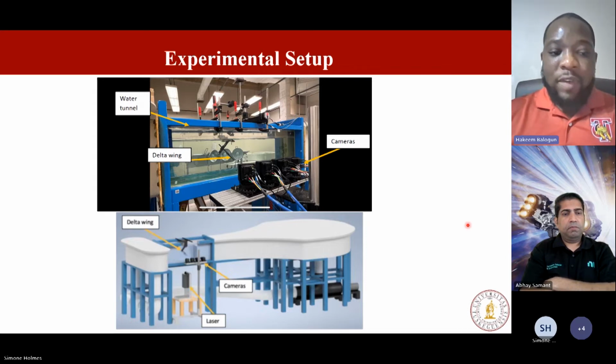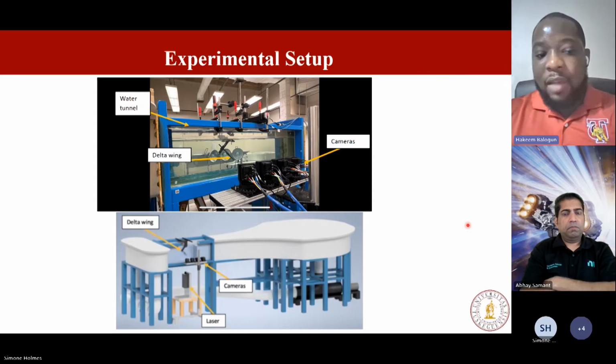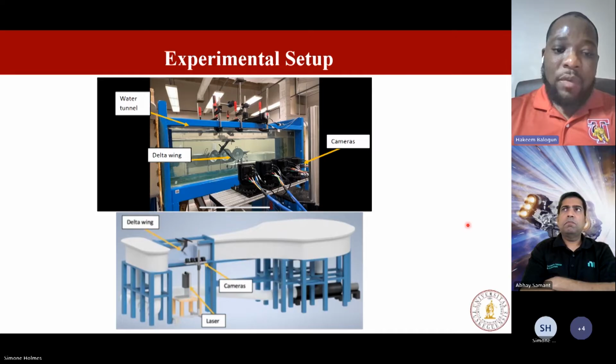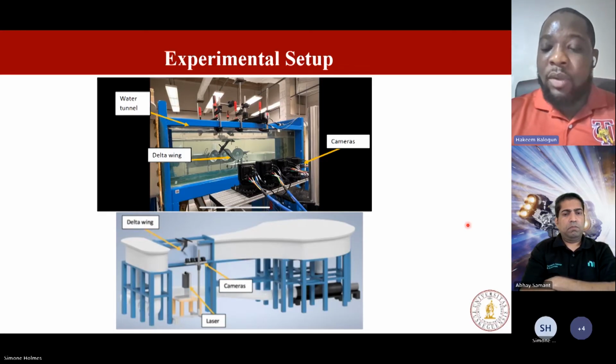Each camera offers a 5120 by 5120 pixel resolution with a 4.5 micrometer pixel size. A Quantel Evergreen dual pulse 200 millijoule laser is utilized for flow illumination, and the optimized measurement volume is 200 by 200 by 100 millimeters cubed, with 100 millimeters being the depth from the plane of the cameras into the water tunnel.